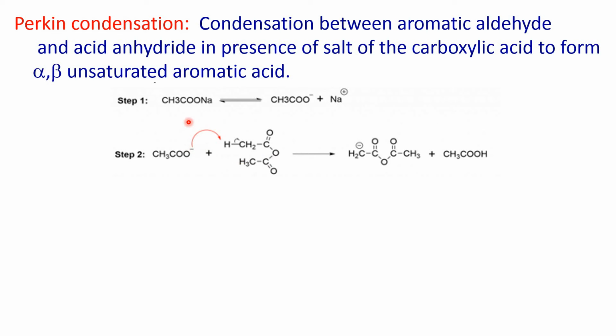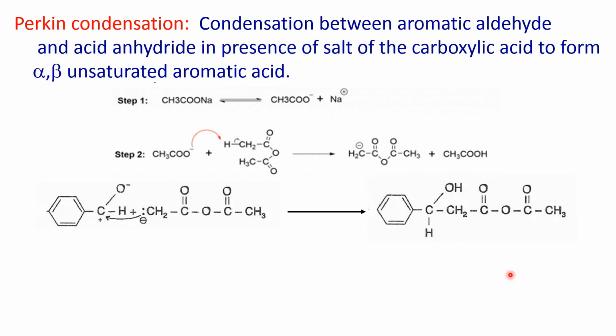This acetate ion takes this H plus from this acetic anhydride and forms this carbanion. Now, this carbanion attacks this carbon atom of the aldehyde group and whereby we get this product.